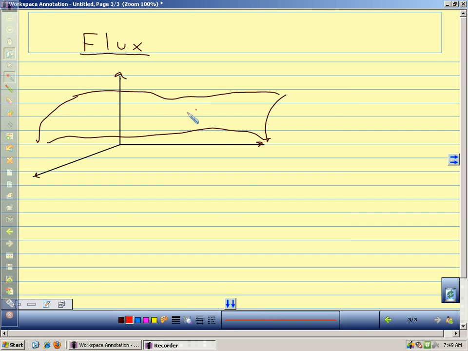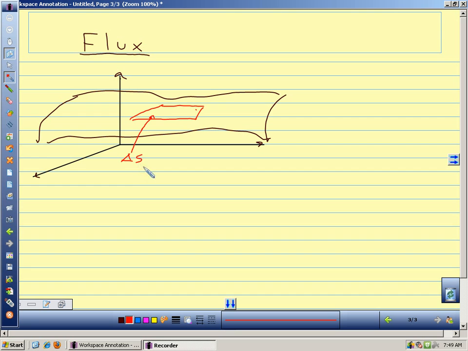I'm going to make it bigger so I can draw it. We're going to call this little element of surface delta S. So we're dividing our surface into these little pieces, and this is my surface S.